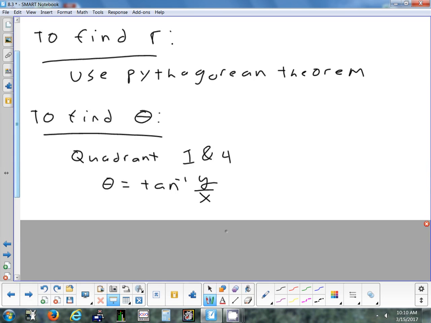The reason why it only works in quadrants 1 and 4 is because when we studied inverse tangent, we learned that inverse tangent always gives you an answer between negative 90 and 90. Well, negative 90 to 90 only covers quadrants 1 and 4. So just using this formula would never give you an answer in quadrants 2 or 3.